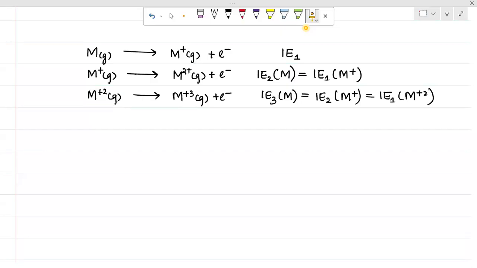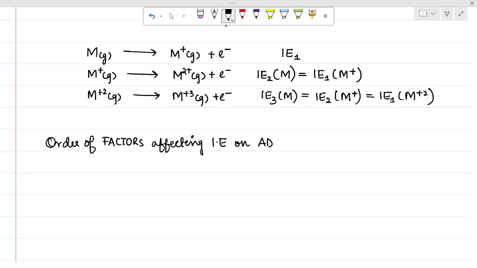Now, there is a particular order in which you have to check the order of ionization energy. So you write: order of factors affecting the ionization energy on adjacent atoms.